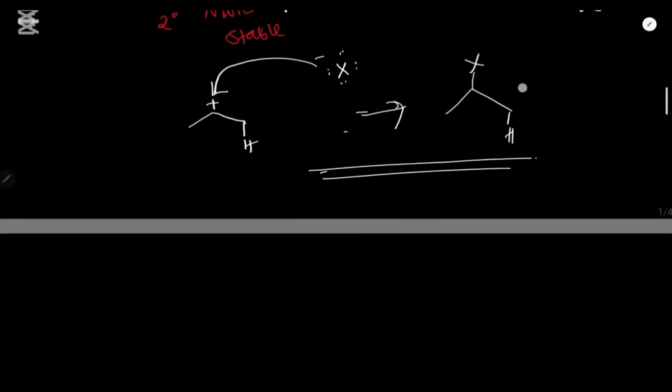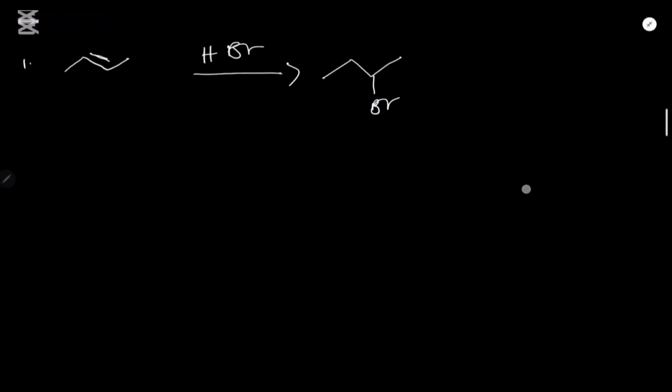Now let us go into main examples. Number one, let us get this alkene with HBr. What will be our answer? Automatically you can suggest that our answer will be something like this. Let's go through the mechanism.